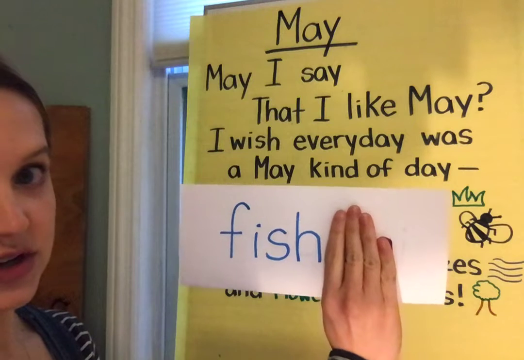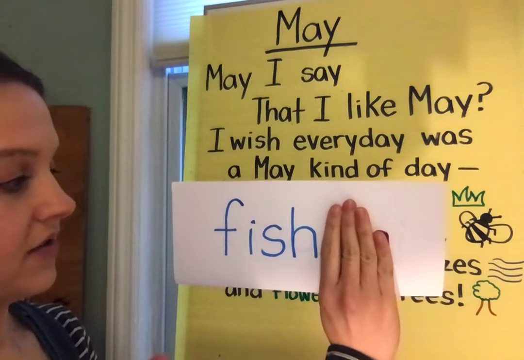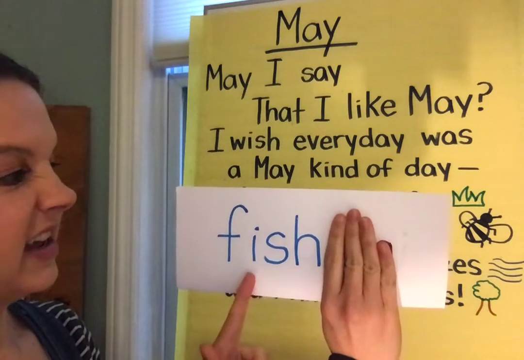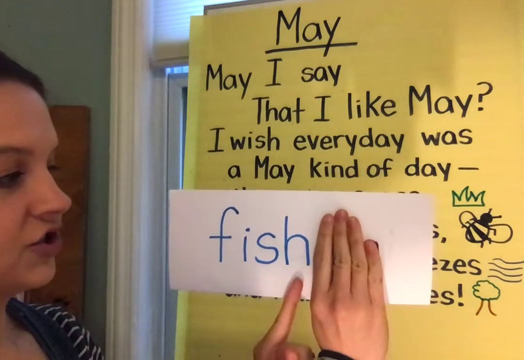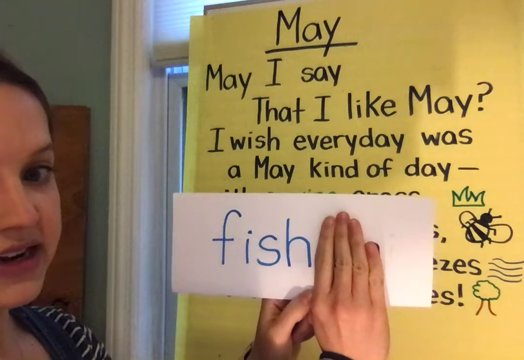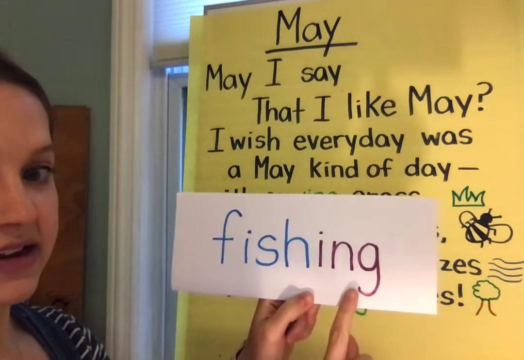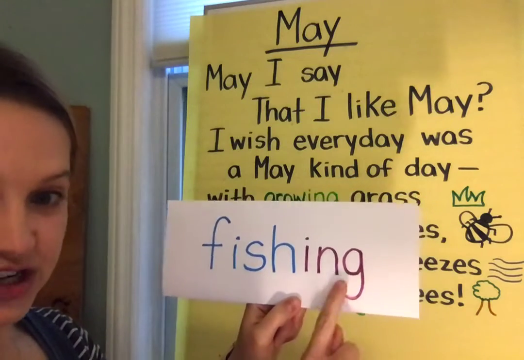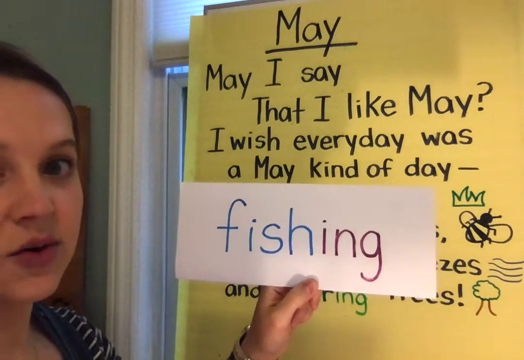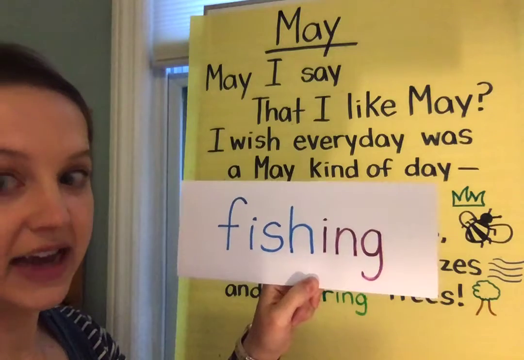So we're going to stretch this with 3 sounds. Let's stretch together. F, i, sh, and we'll put it back together. Fish. Now we'll add the ending sound. Ing. Fish, ing, fishing. That's how we would chunk a word that has an ing ending.